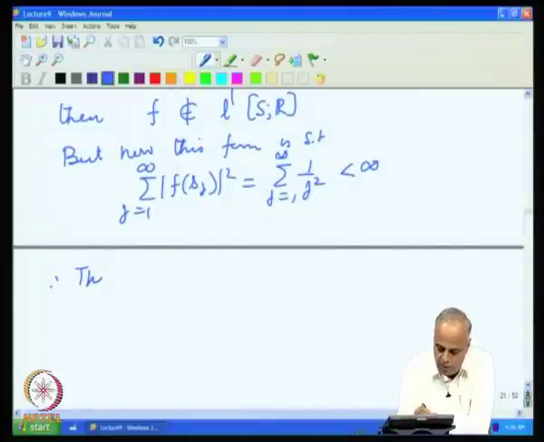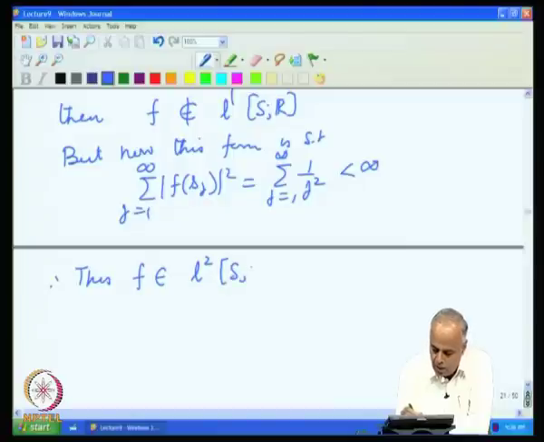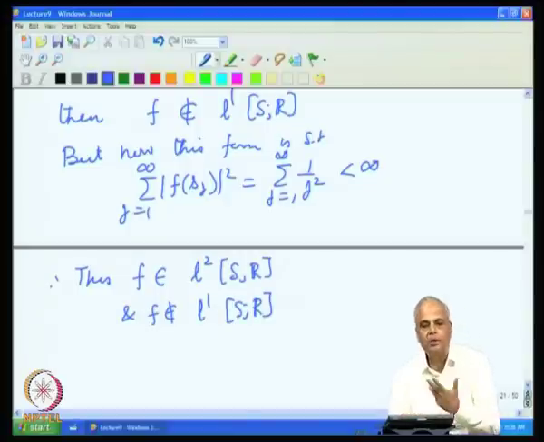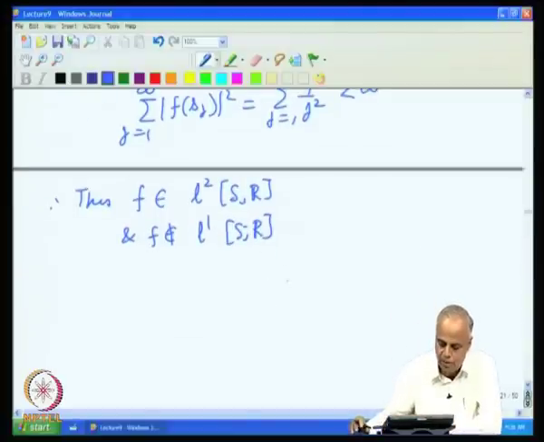Therefore, this f belongs to L2 S R, whereas f does not belong to L1 S R. So, L1 S R and L2 S R are two different objects.